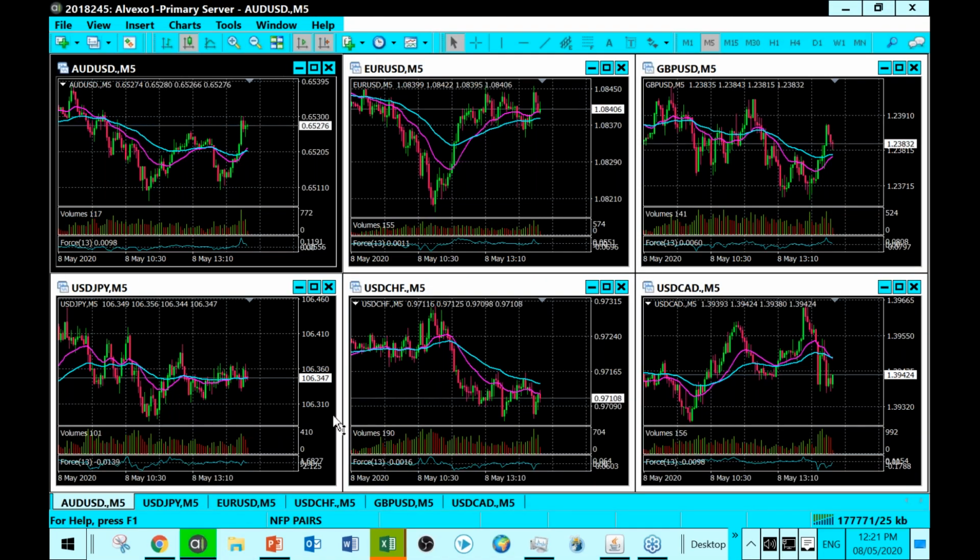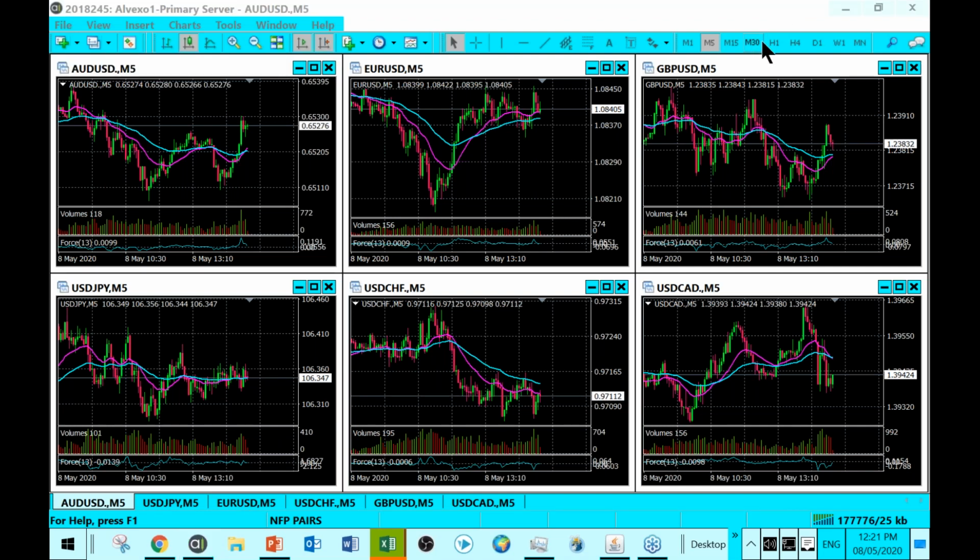This is a layout from the MT4 platform, and it's got our 6 trading currencies right in front of us: Aussie dollar, euro dollar, pound dollar, yen dollar, Swiss dollar, CAD. Same layout for the same reasons. Right now they're all set to 5 minutes.